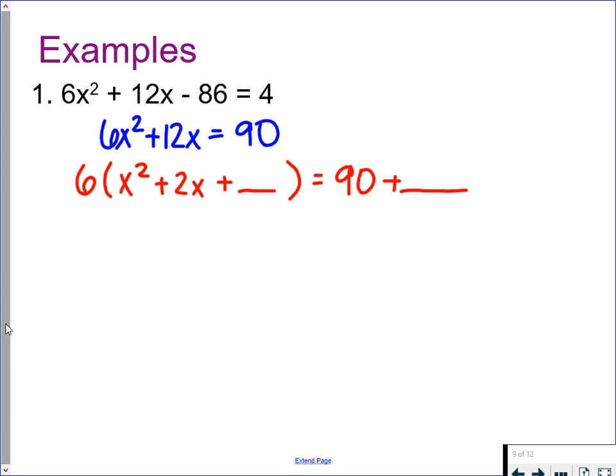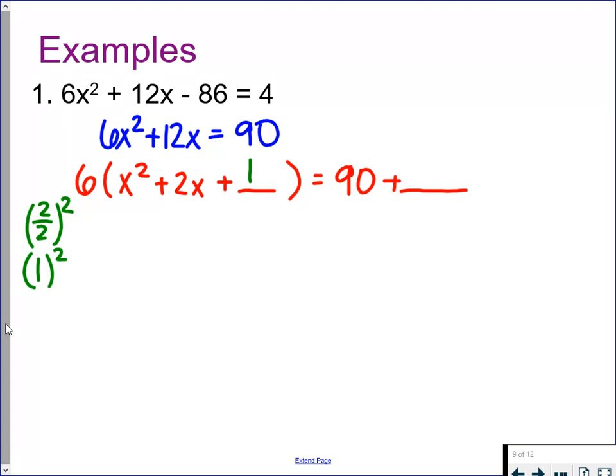Completing the square, we can do that on the inside of the parentheses now, okay? So I take my B value, divide it by 2 and square it. So I get 1.